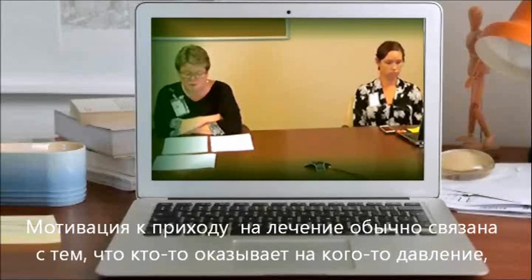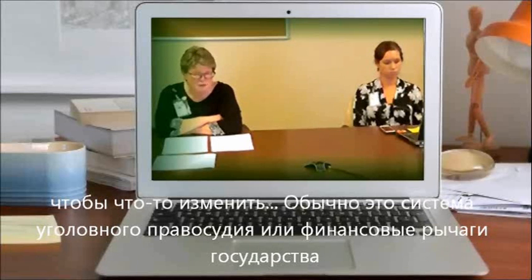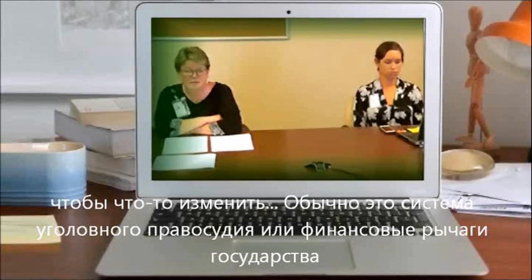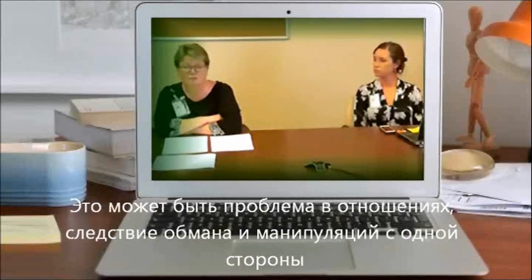Motivation for coming to treatment usually involves somebody else pressuring the person to change. It's usually either the criminal justice system or financial leverage.